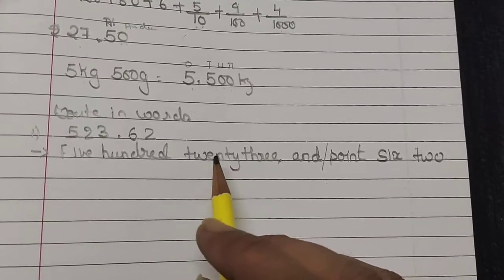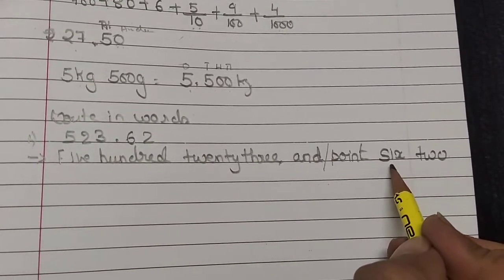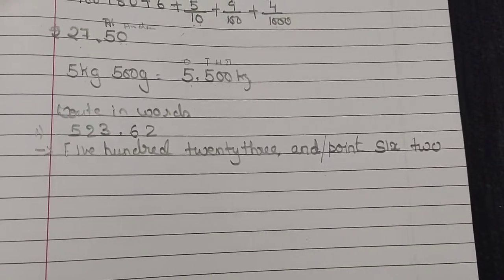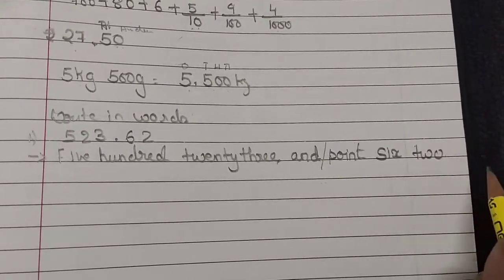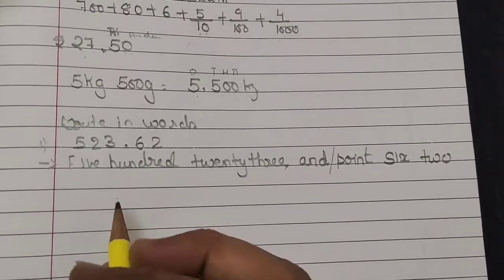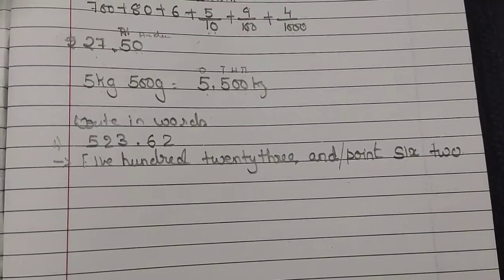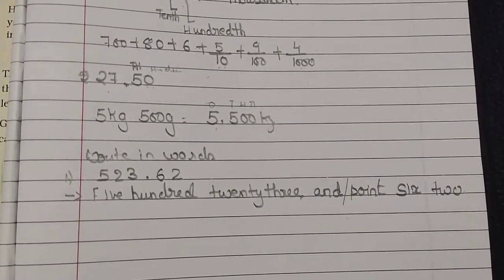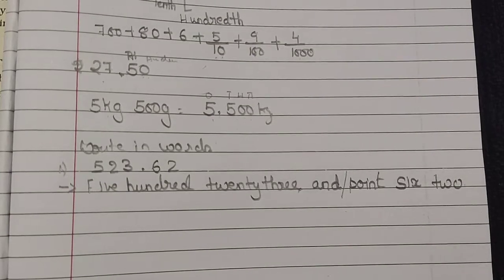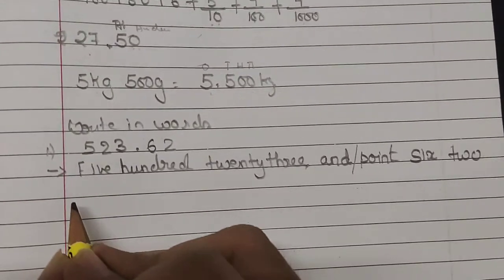We will not write it as jointly; we will write it correctly, or you can speak it as 62, then also it is okay. So 0.62. So what we will write down is 523.62.